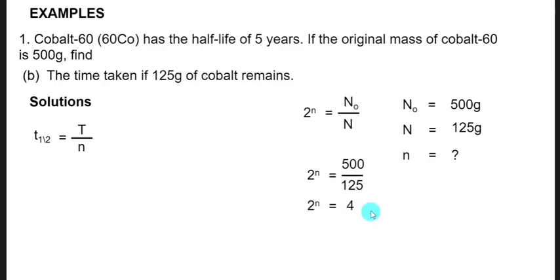Look for a number which, when we put it as a power of 2, gives us 4. In other words, you say to which power can 2 be put in order to give us 4? So you find that 2 should be put to power 2 to give you 4, because 2 times 2 gives you 4.